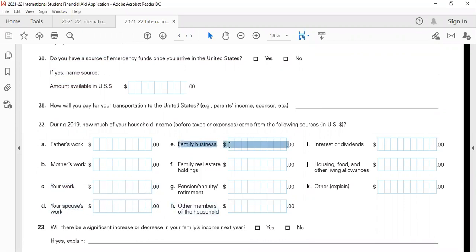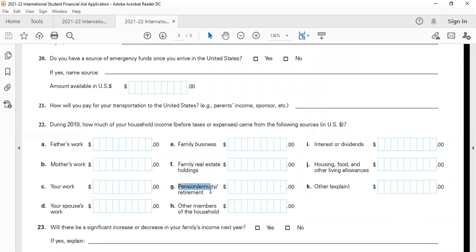How much amount in dollars came through a family business, through the family's real estate holdings? Sometimes they get rent on the property that they have leased to someone.